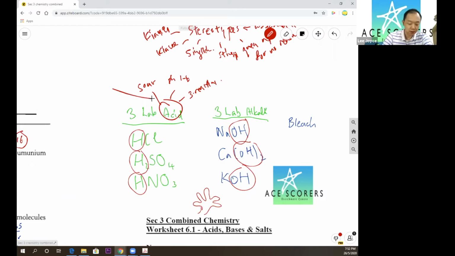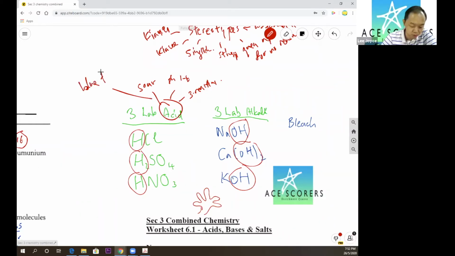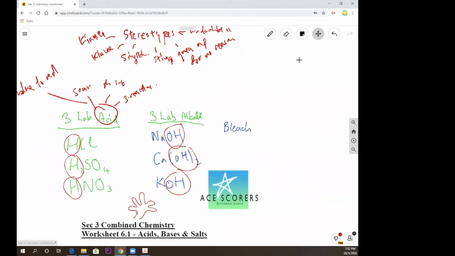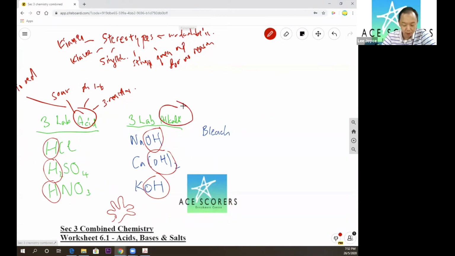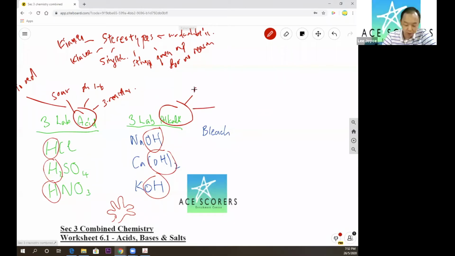What color change do you know for acid with litmus paper? Blue to red, very good. Now, can you stereotype alkali also? Red to blue. What else?